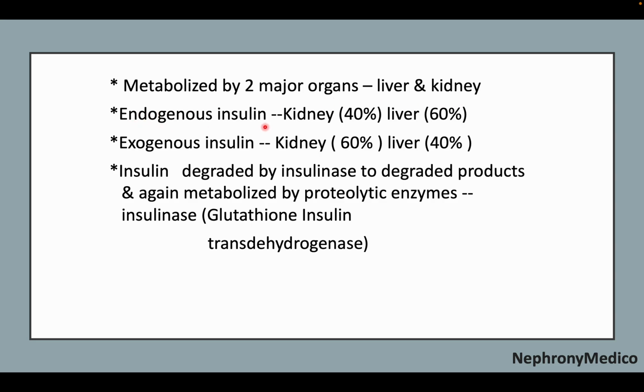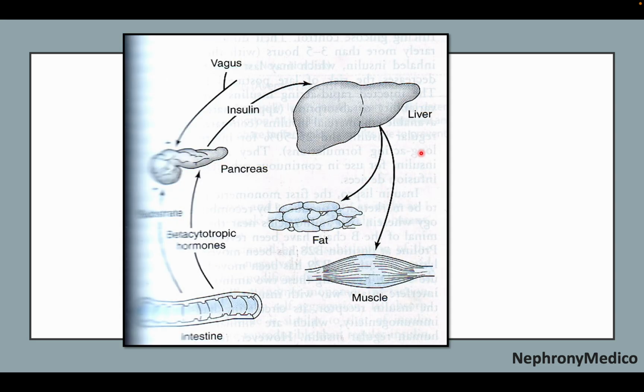Endogenous insulin is metabolized by kidney 40% and liver 60%, and exogenous insulin by kidney 60% and liver 40%. The insulin is degraded by insulinase, glutathione insulin transhydrogenase, to degraded products, and then these are again metabolized by proteolytic enzymes. This is a picture showing the different organs acting in relation to insulin.